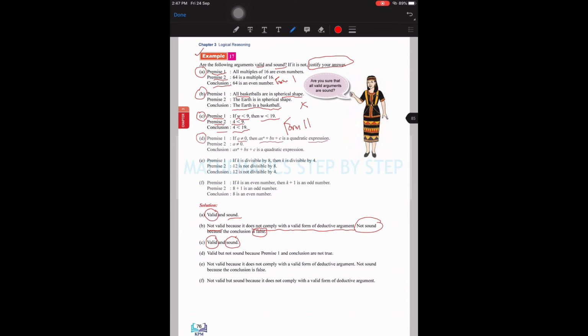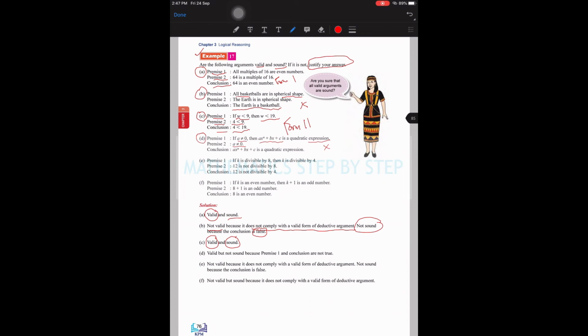Then D, if a not equals to 0, then ax^n + bx + c is a quadratic expression. a not equals to 0. This is not in either of the forms, although it looks a bit like form 3, okay? But it is not. If it is form 3, it should be ax^n + bx + c is not a quadratic expression, okay? So if you don't understand what I'm talking about, you can refer to the beginning of this video again, okay?